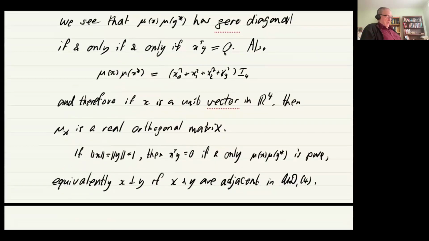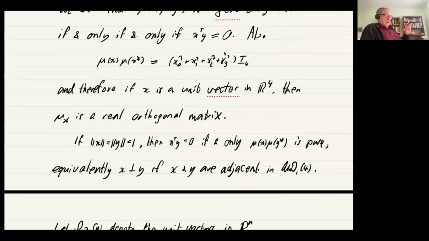And so we have a map. We don't just have a map from R4 to the 4x4 matrices. We actually have a map from the orthogonality graph on R4 to the unitary matrices, and that sends the orthogonality graph to the unitary derangement graph.